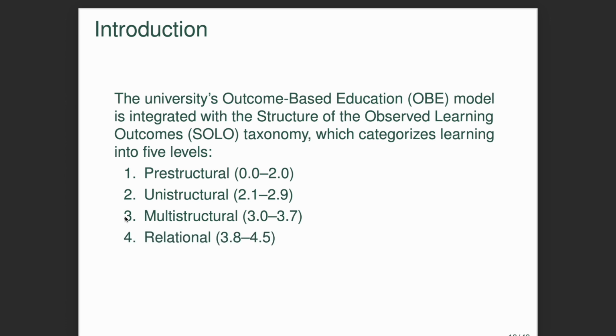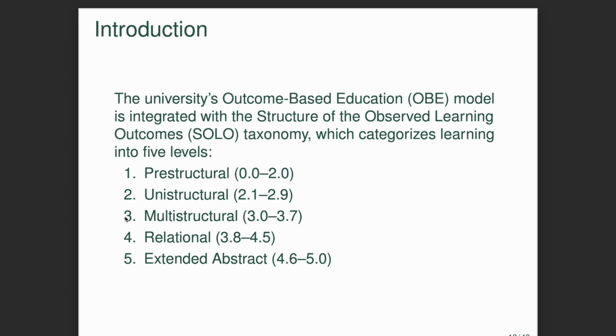The relational level, where the student integrates multiple aspects into a coherent whole. The grade in this case is in the range of 3.8 to 4.5. And the final level is the extended abstract, where the grade is in the range of 4.6 to 5.